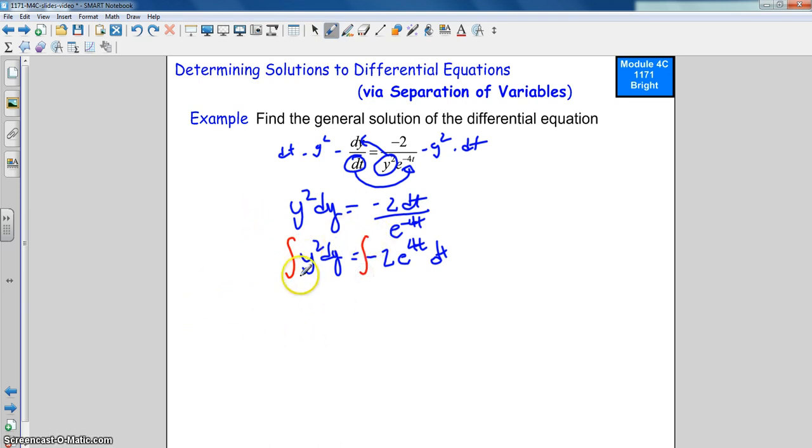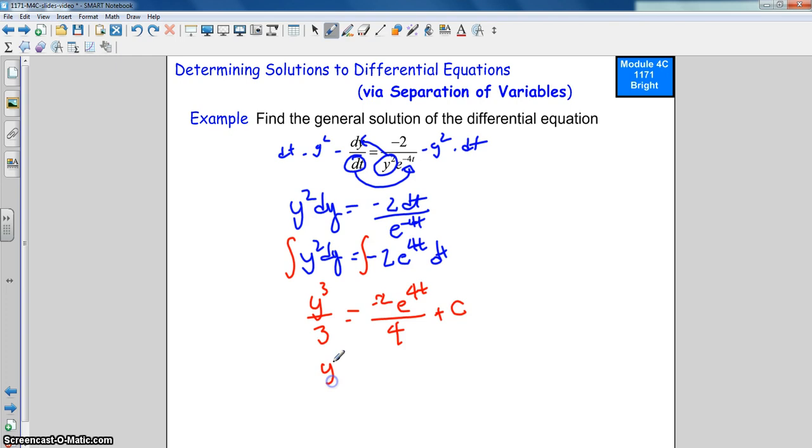The antiderivative of this side is y cubed over 3. And the antiderivative of this side is going to be e to the 4t, which doesn't change, times minus 2, and I have to divide by 4 due to the coefficient of t, and then add my constant. At this point you're pretty much done.